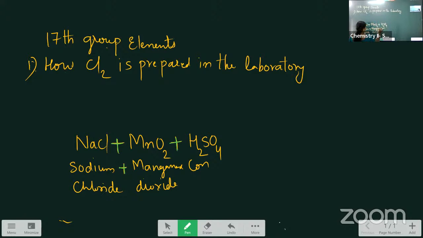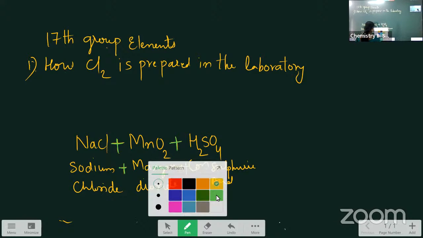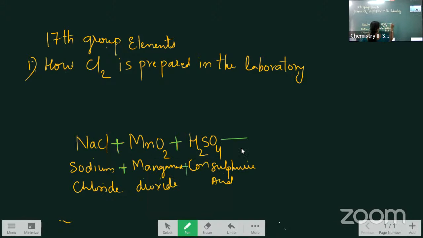So we are reacting sodium chloride with manganese dioxide in the presence of concentrated sulfuric acid. Now what will you get?